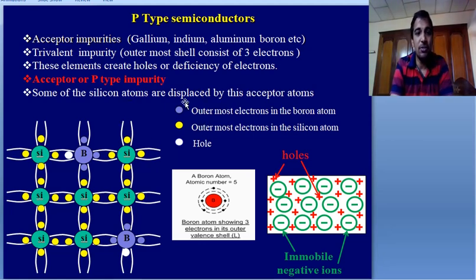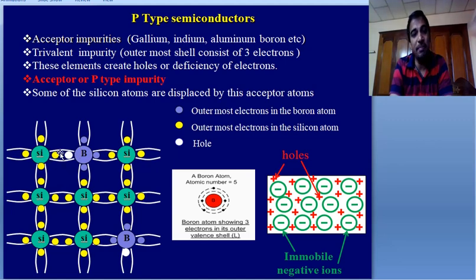Trivalent means we have only 3 valence electrons, and silicon already has 4. So boron is ready to make 3 covalent bonds, but here one electron is absent. The problem is the deficiency of an electron in this covalent bond, in this structure.